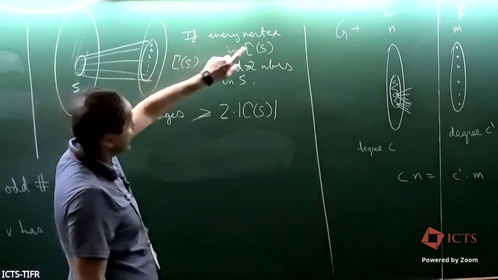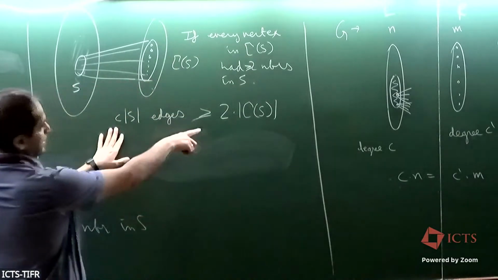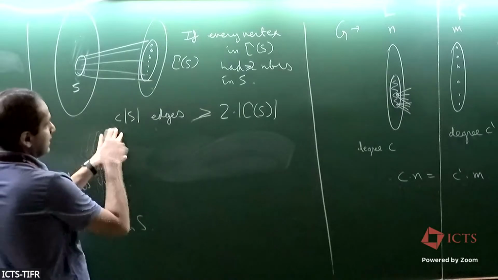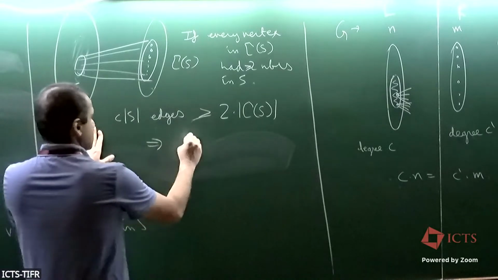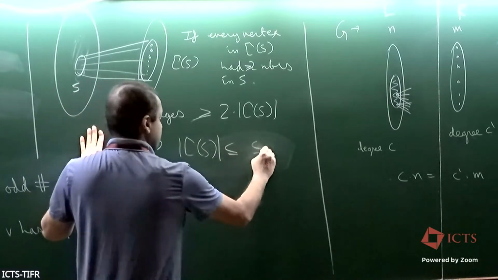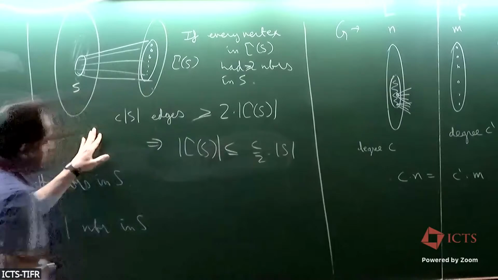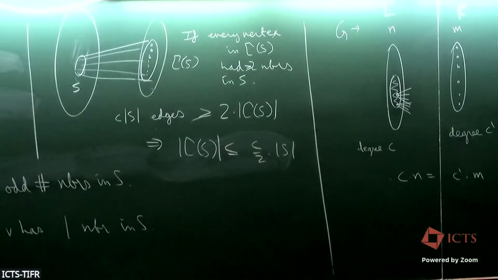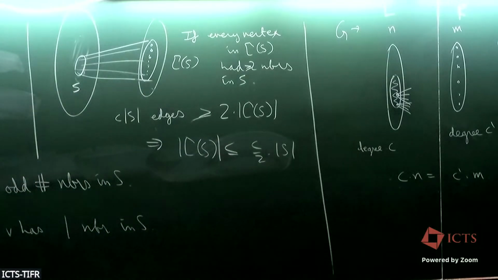If every vertex in the neighborhood has at least two neighbors, then this will happen. And this means the size of the neighborhood of S is at most C over 2 times size S. And this violates expansion if gamma is less than half.